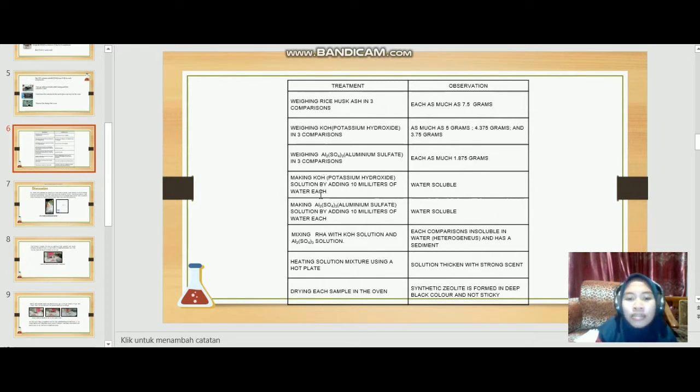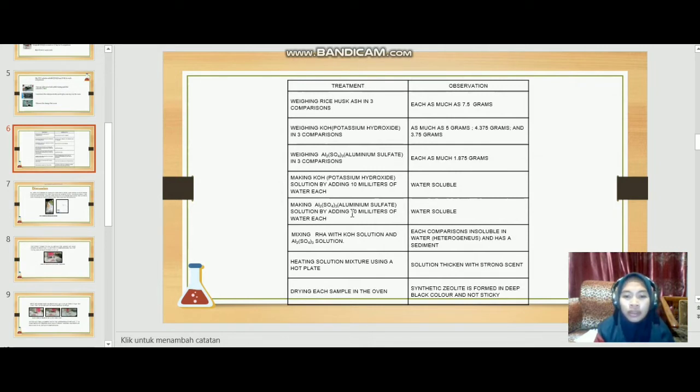Okay, next, make the KOH potassium hydroxide solution by adding 10 ml of water each. Observation: water soluble. Next, make the Al2(SO4)3 or aluminium sulfate solution by adding 10 ml of water each. Observation: water soluble.